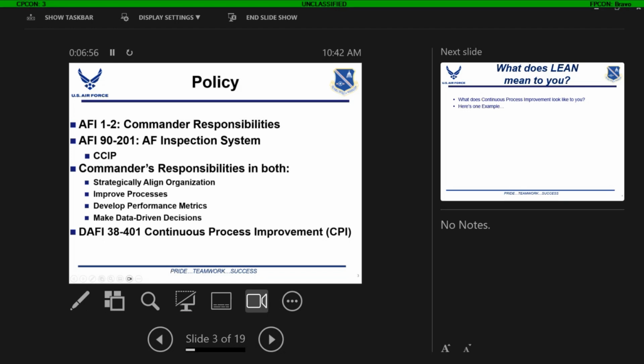Some of the commander's responsibilities that are outlined in both these two regulations include strategically aligned organization, improve processes, develop performance metrics, and the making of data-driven decisions. Overall, CPI does have its own regulation, and if you want a further in-depth look at that regulation, that would be DAFI 38-401.